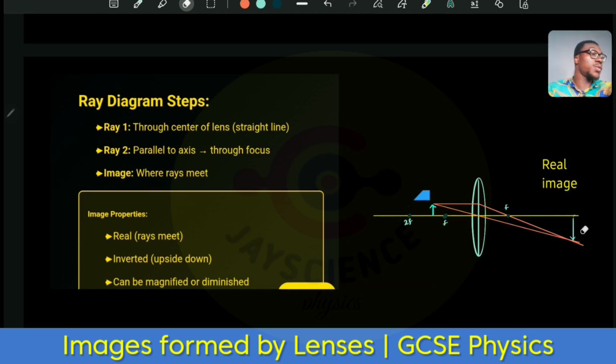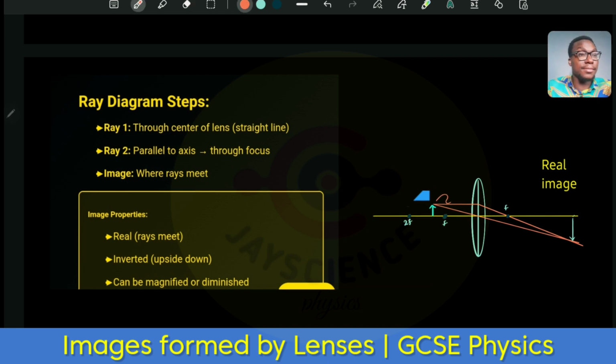And the point where those two lines meet is where your image is formed. And sometimes to confirm the precision of your image, as a cross check, you can just draw this.